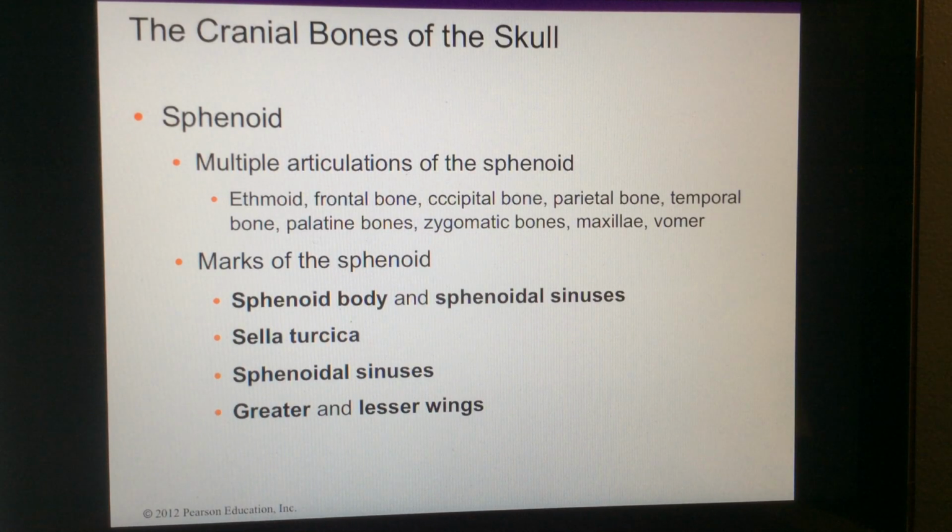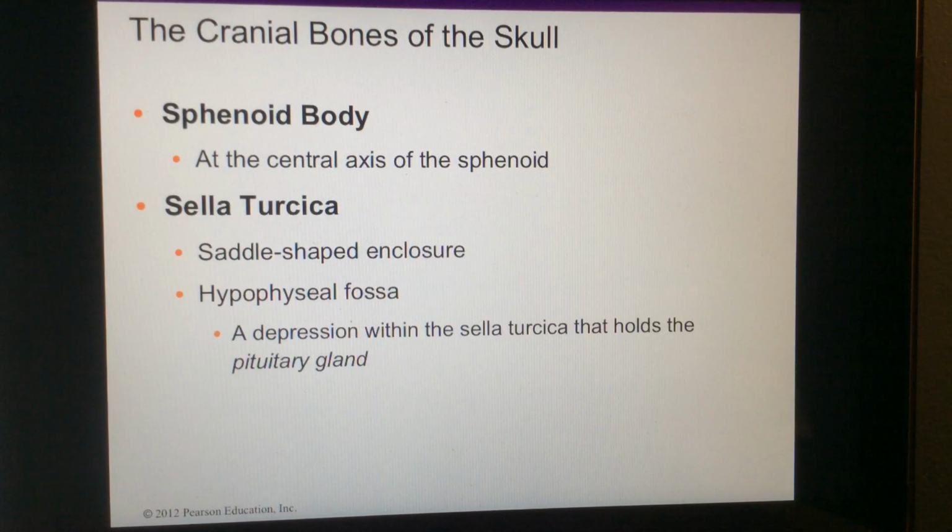Multiple articulations, and some marks to see are the sphenoid body, sinuses, sella turcica, greater and lesser wings. The sphenoid body is going to be the central axis of the sphenoid. The sella turcica, they kind of refer to it as the Turkish saddle.